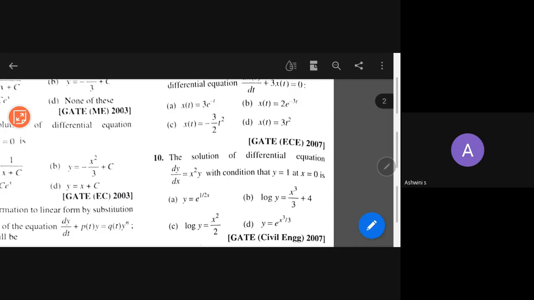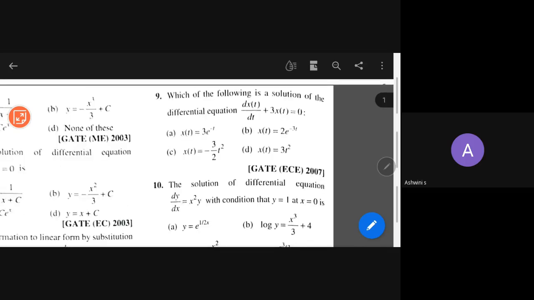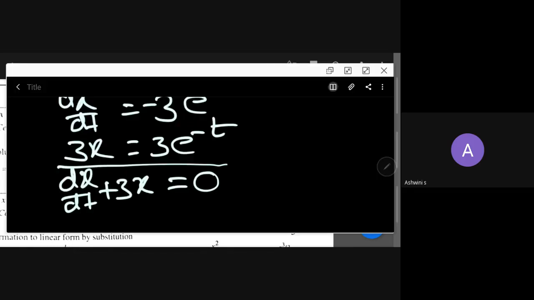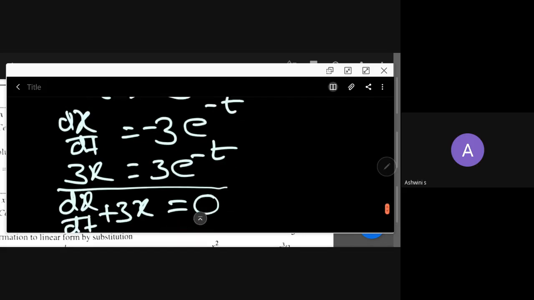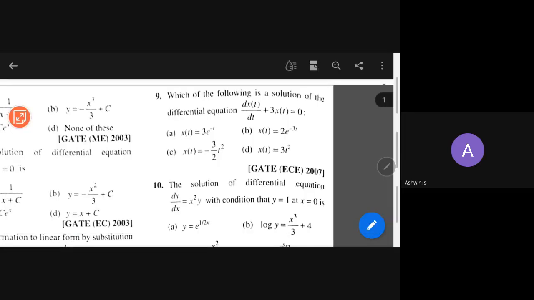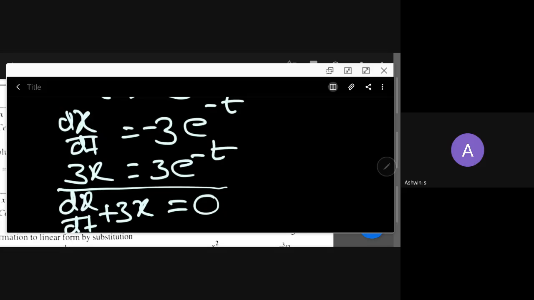The 9th question: X is e power minus 3t, I took. Right. And dx by dt plus 3x you need to calculate. Yeah, here we are getting 0. That's right. So answer is A.